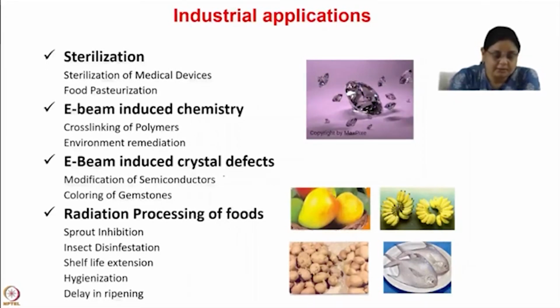Then electron beam induced crystal defects, so coloring of gemstones: you can actually change the color of gemstones by treatment with radiation from an accelerator. Then radiation processing of foods, which helps in sprout inhibition, improves shelf life, hygienization, and delay in ripening. So a wide variety of applications are there for accelerators.